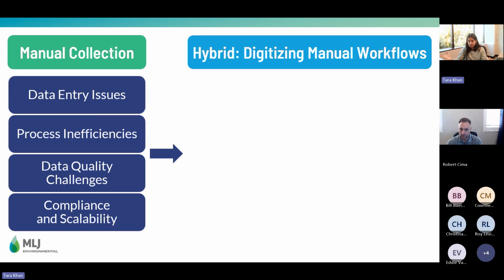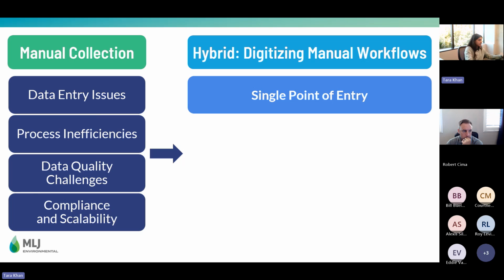That means there might still be some level of manual data entry, but we're doing it through a digital user interface where you're able to validate, you're able to remove some steps of the process, you're able to send it automatically into a database, you're able to collect data at more than one point, with some checks and balances, right? This is where most folks are moving. I know everybody has some level of manual collection. I think the natural next step is hybridizing that, digitizing those manual workflows.